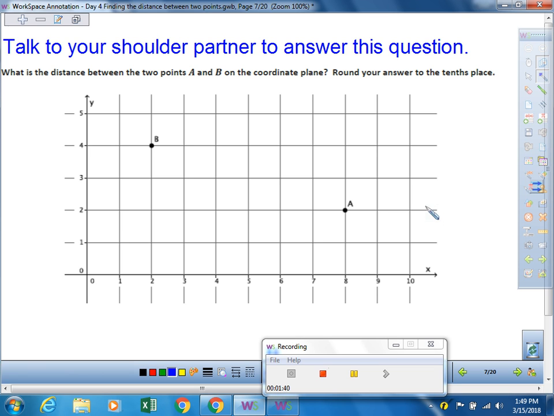Okay, now quietly discuss it with your shoulder partner or your group. Natalia, please, shoulder partner. Why would you only go one down?